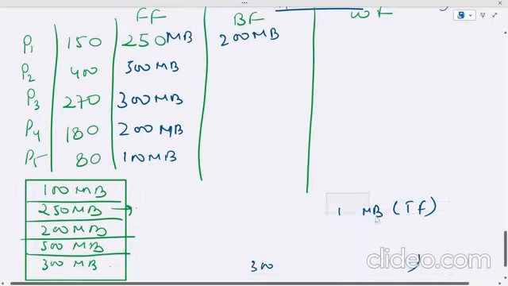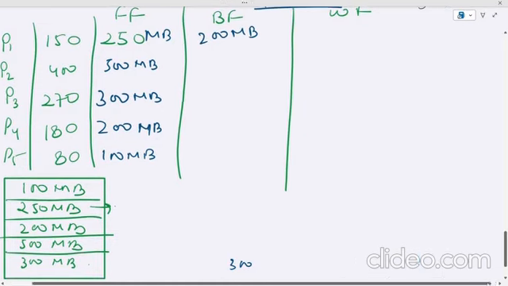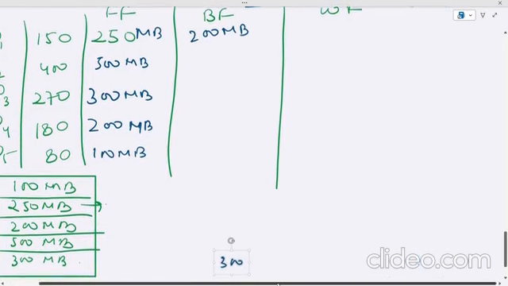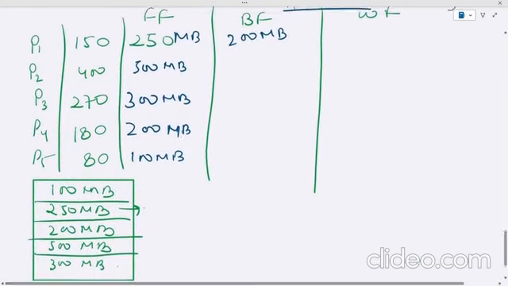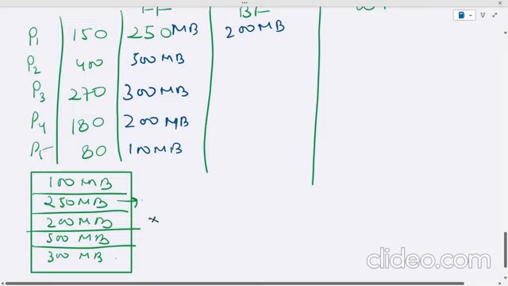Okay, let's remove this for the next process. Now P2, which is 400. This part is already allocated.